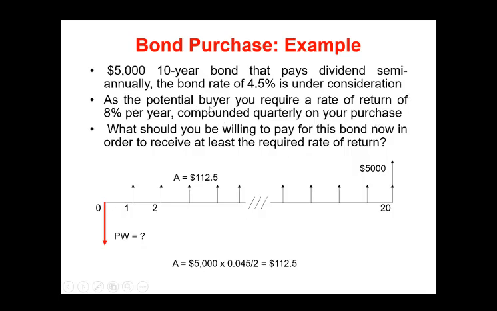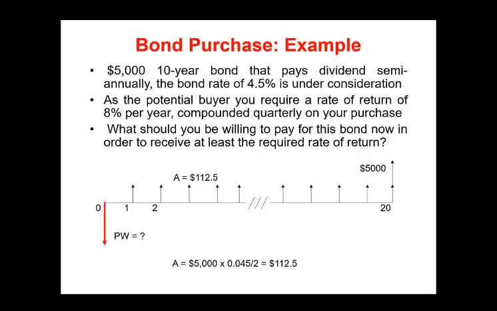As the potential buyer, you require a rate of return of 8% per year, compounded quarterly on the purchase. What should you be willing to pay for this bond now in order to receive at least the required rate of return? Okay.